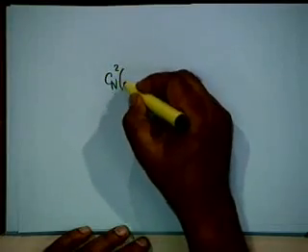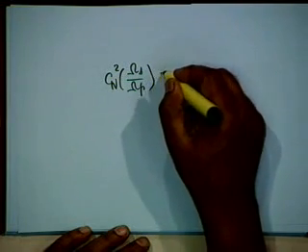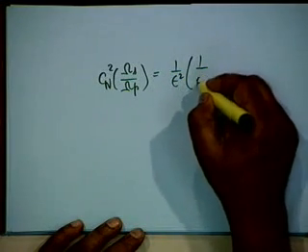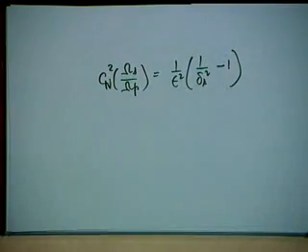One can argue that, well, what I require is Cn squared omega S by omega P should be equal to 1 by epsilon squared times 1 by delta S squared minus 1. This was one of our intermediate equations.